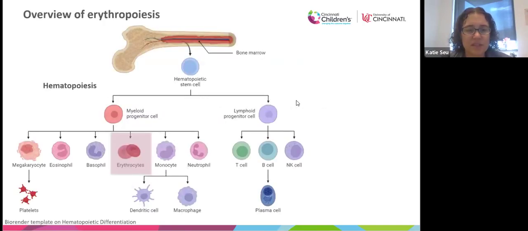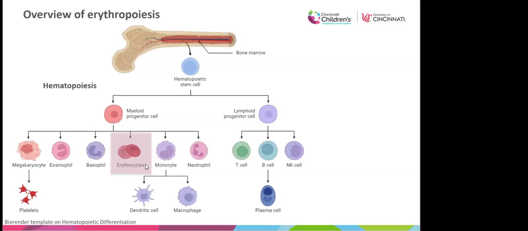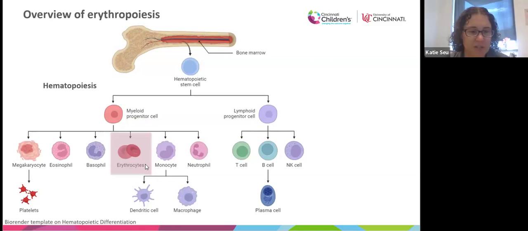So this is a very brief outline of hematopoiesis. I'm sure you will all recognize how very brief and overly simplified it is, but this was sufficient to introduce the topic of erythropoiesis, that we're talking about the production of erythrocytes or red blood cells.